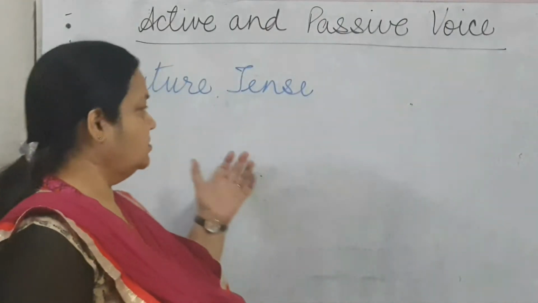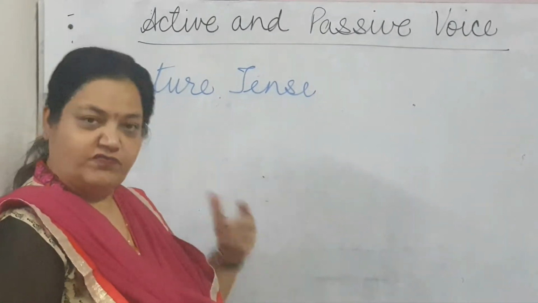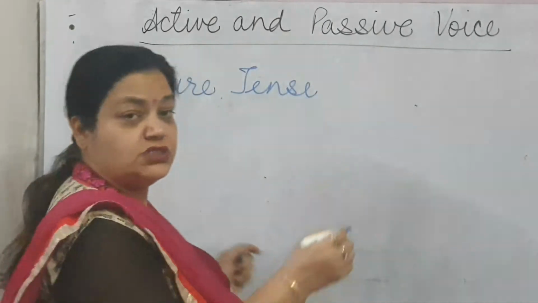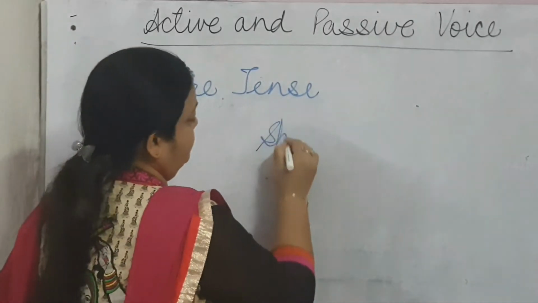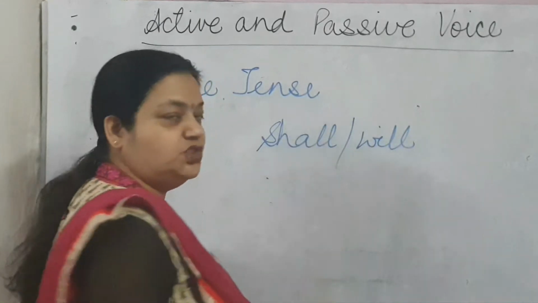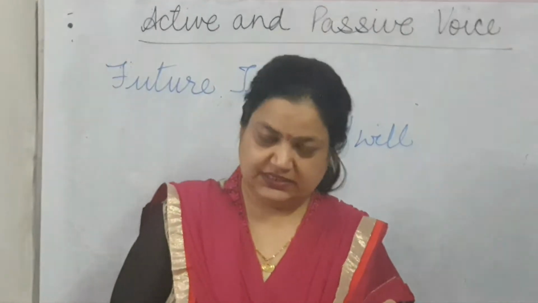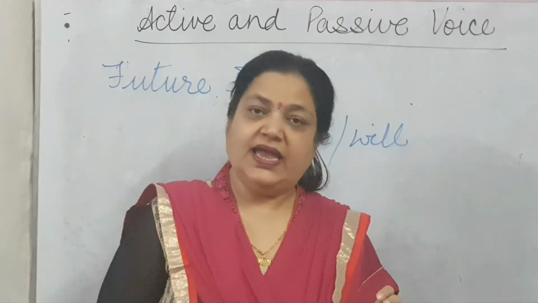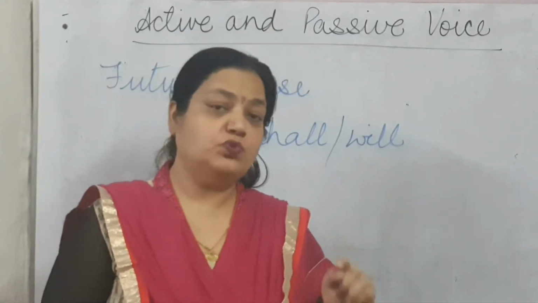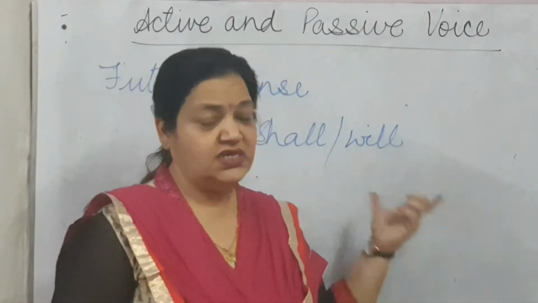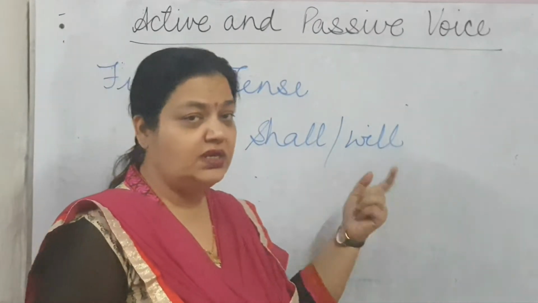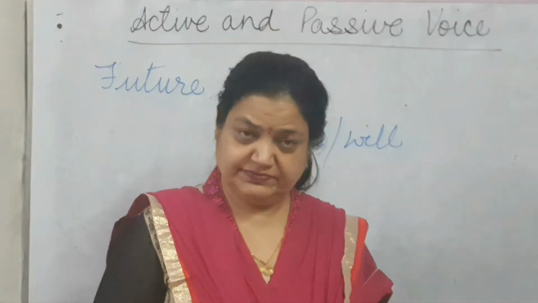Let's talk about future tense. Future tense, children, you all know, has a form which has shall or will in it. And if we come to know through the passage that the verb is to be changed in future tense, then shall or will be there.